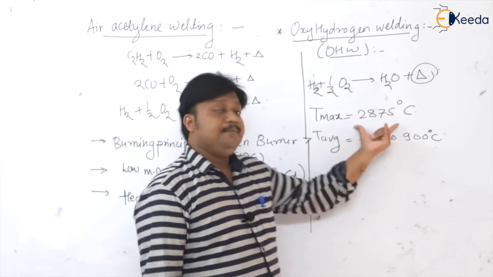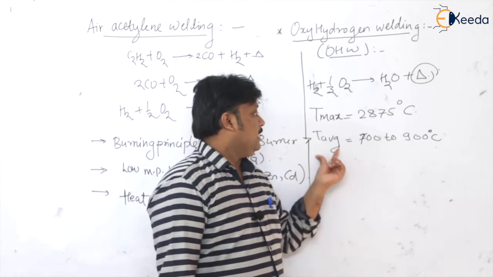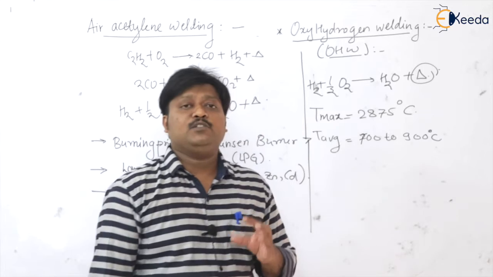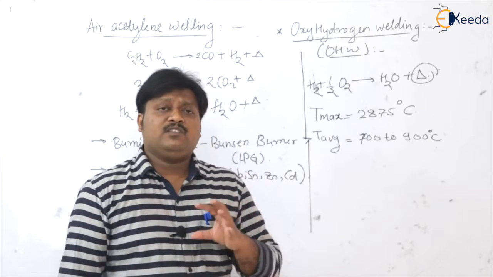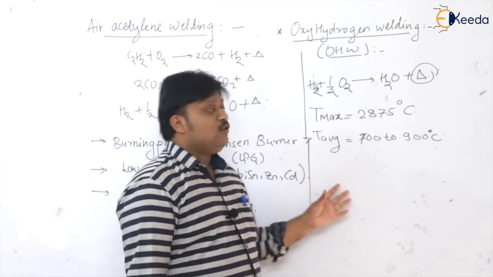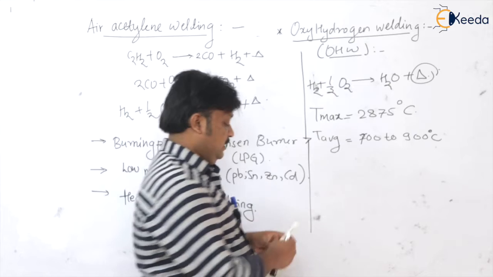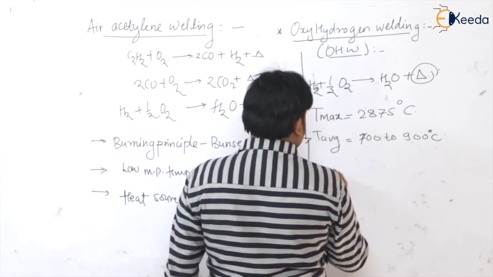And oxyhydrogen welding was a very popular heat source for the process called brazing.